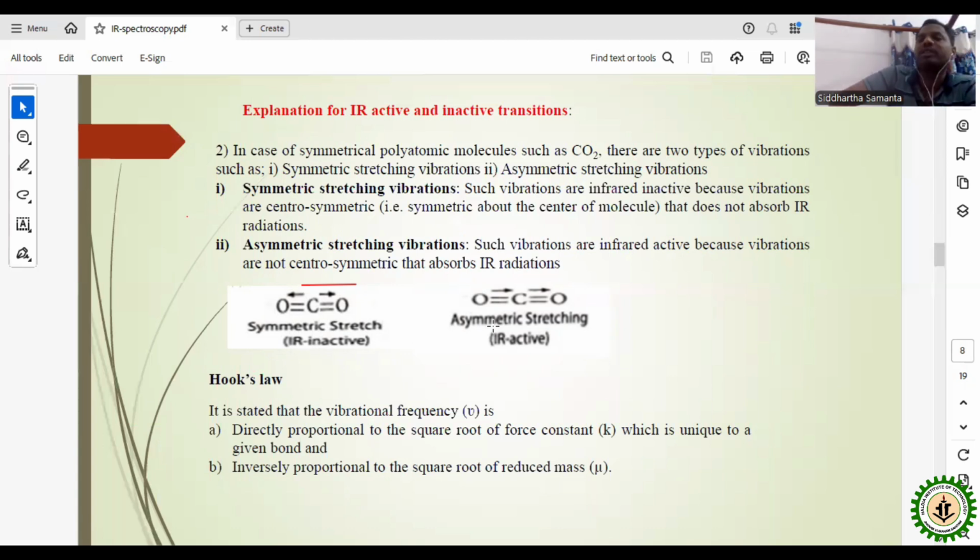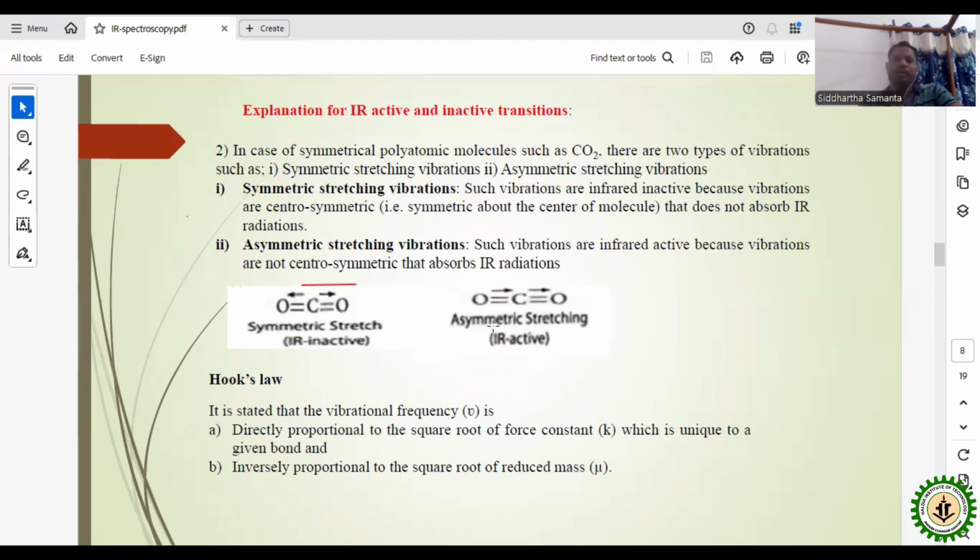So in that mode it is IR inactive. But in the asymmetrical stretching mode, it is IR active. So during vibration, if a molecule has some dipole moment, then this molecule is also IR active.